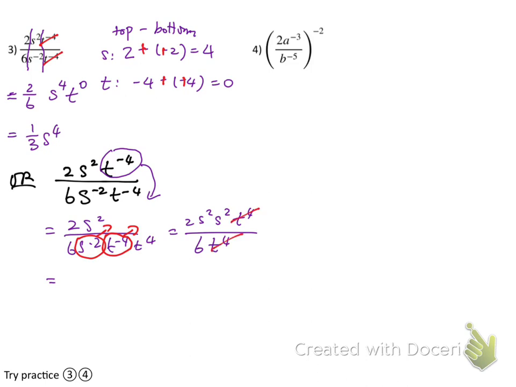You're having 2 over 6. S squared times s squared, you keep the same base, you add the exponents. 2 plus 2 equals 4. And then you reduce. You will have the same answer. But in this way, you don't need to deal with the subtraction of signed numbers if you move things around.